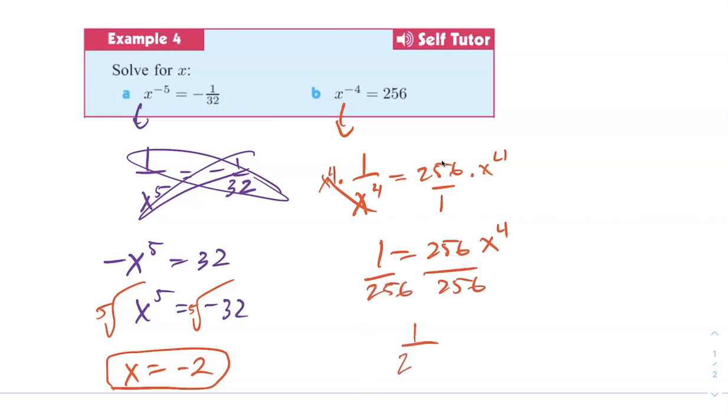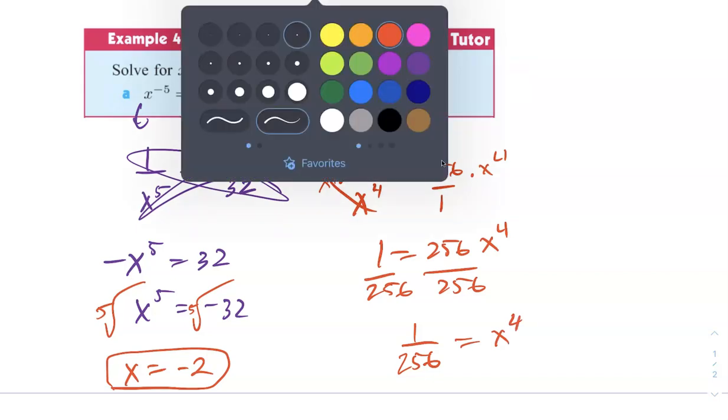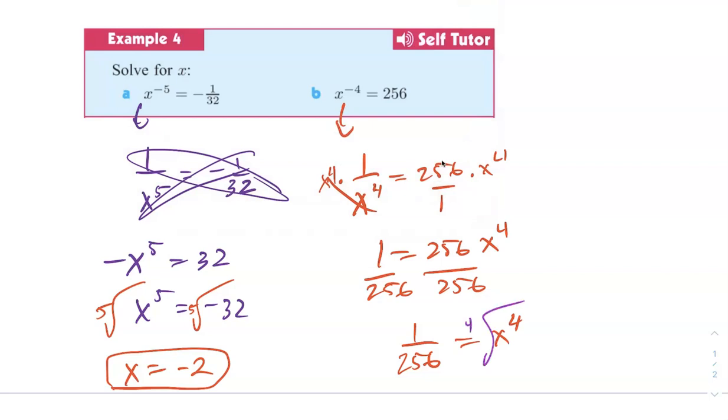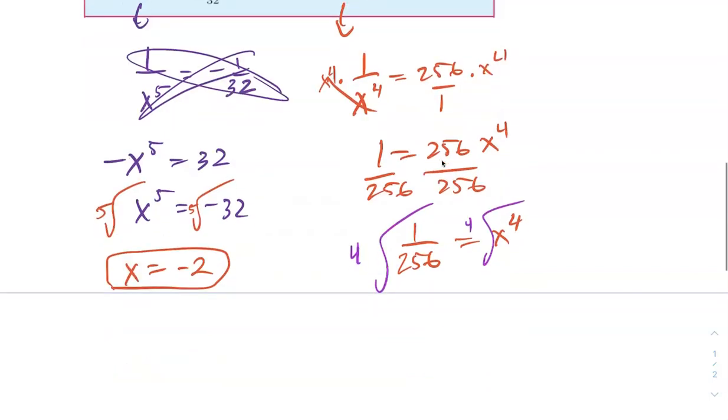So I get 1 over 256 equals x to the 4th. And then how do I solve it? You take the 4th root of that. And you get, I believe, 1 over 4 equals x. There we go.